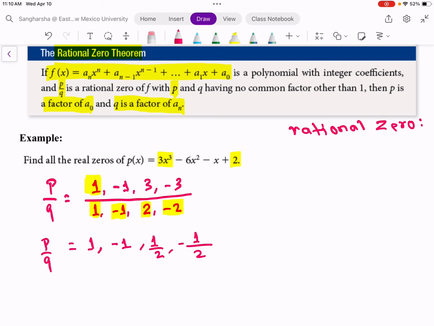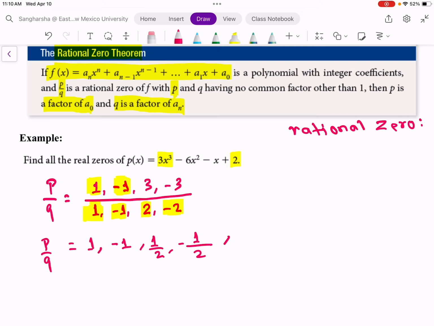Now let's take negative 1 for p and positive 1 for q. What do we get for p over q? Negative 1 divided by 1 is negative 1.